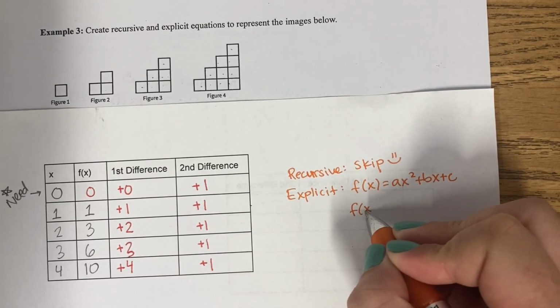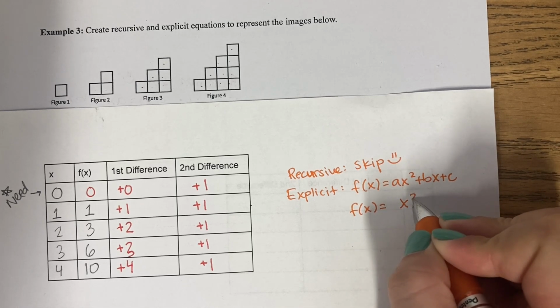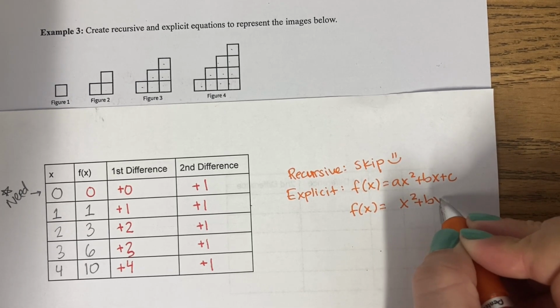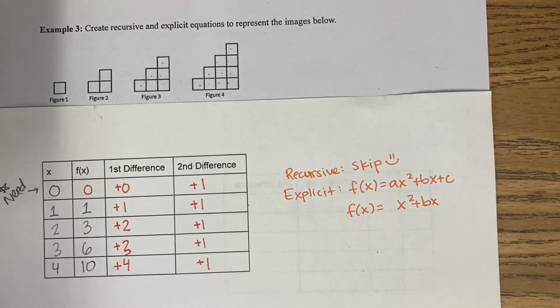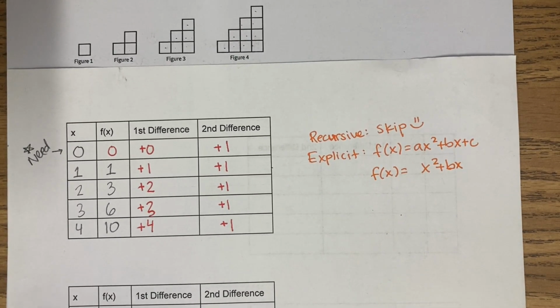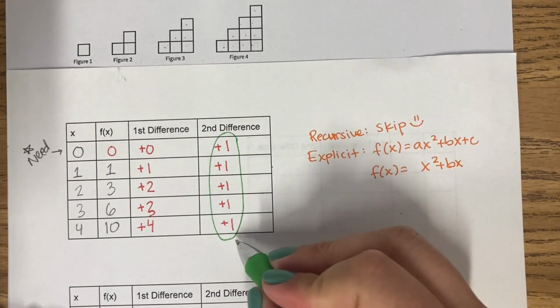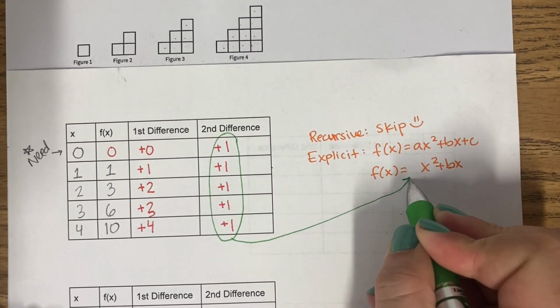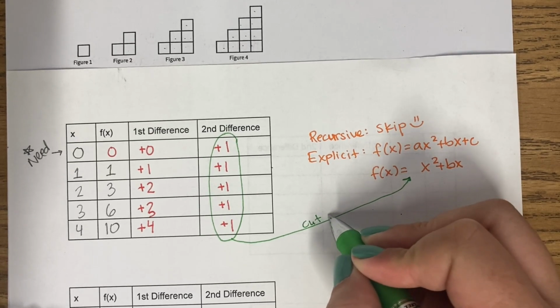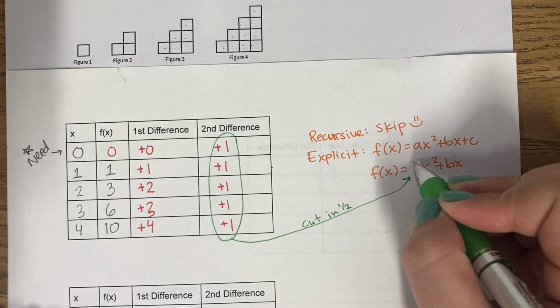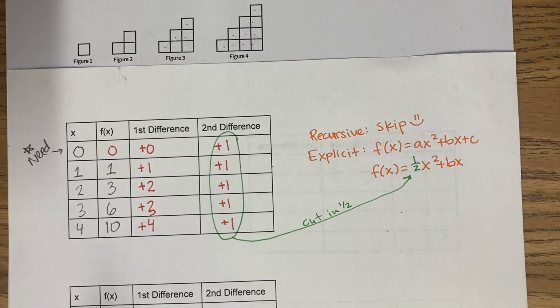This is where I only need to fill in a and c for this section. Our next lesson will go over filling in b. So I take my second difference and I cut it in half. 1 cut in half, 1 half.